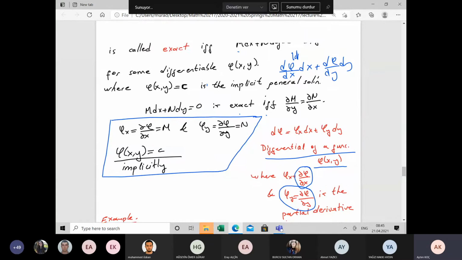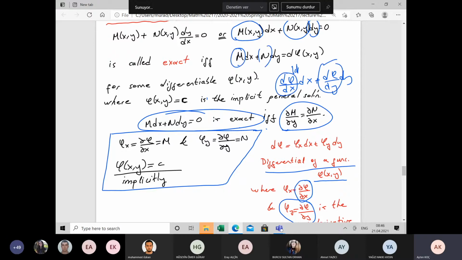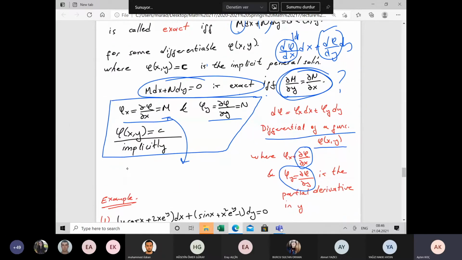The critical point here: our equation is exact if and only if dM over dy equals dN over dx. What is the reason? For the exact equation, M is this and N is this. How do we get this equality? Take d phi over dx equal to M, and take the partial derivative with respect to y.